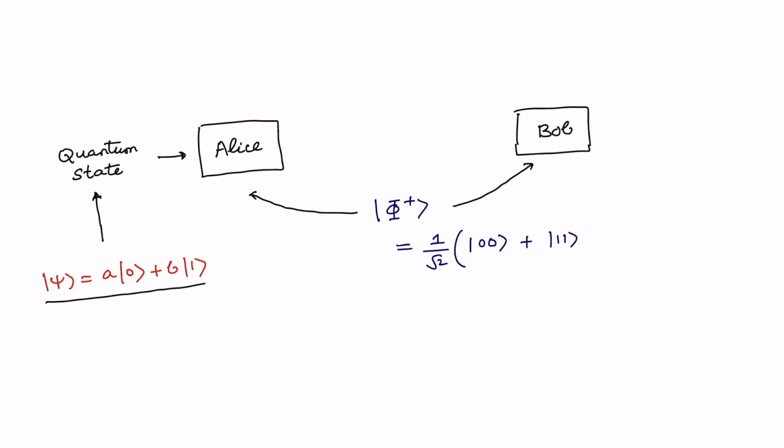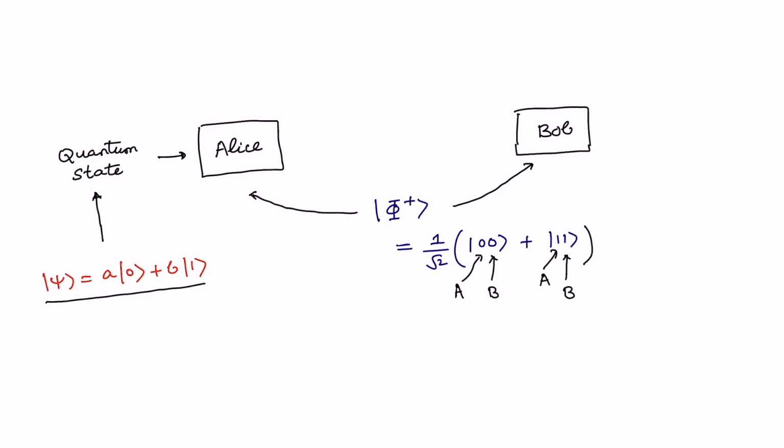Both Alice and Bob share the entangled state, a Bell state. Say this Bell state is |phi+>, given as 1 by root 2 (|00> + |11>). So this is the state shared by both Alice and Bob. Here the first qubit belongs to Alice, the second qubit belongs to Bob. Here also the first qubit belongs to Alice and the second qubit belongs to Bob.